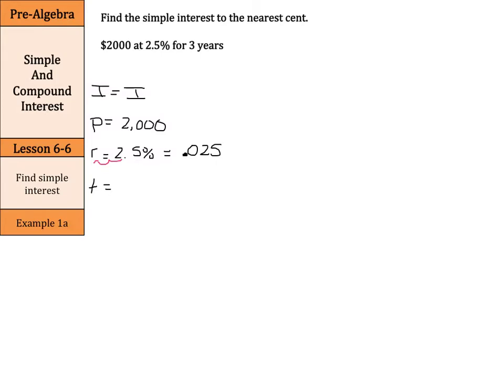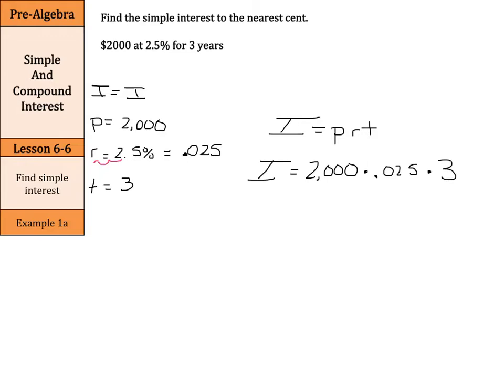And time, well, we have 3 years, and that T value needs to be in years, so we're good to go. Now, rewrite your formula. I equals PRT. You're solving for I, so we can keep the I. That's going to equal our principal of $2,000 multiplied by our rate, which is 0.025, multiplied by our 3 years.